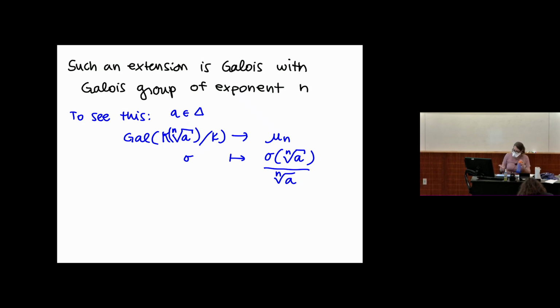That shows that if I raise this to the n, I would get the identity. This is a group homomorphism, so every element in the Galois group has order at least dividing n.